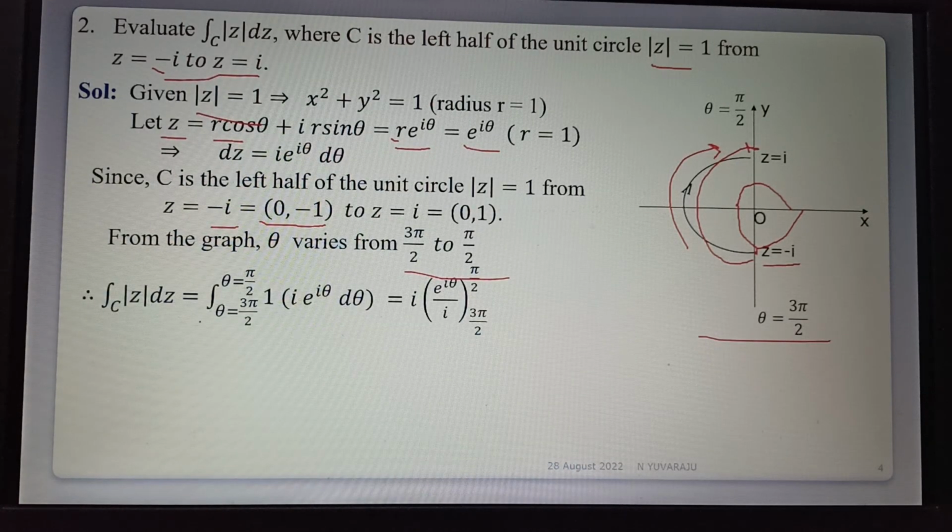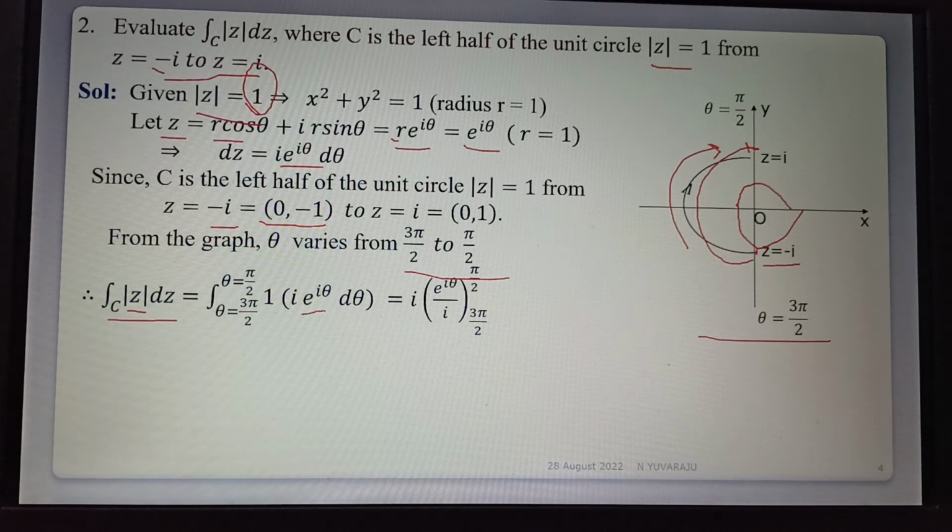So therefore the given integration over C of mod z dz is equal to the integration with theta limits 3π/2 to 5π/2. Mod z is given as 1, and dz is equal to i into e power i theta d theta. 1 into i is a common constant.